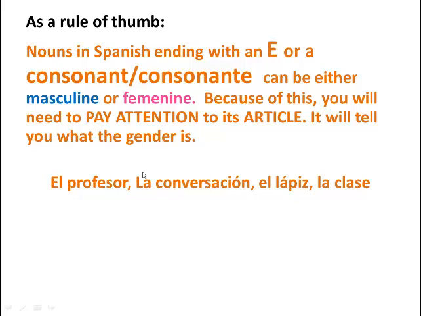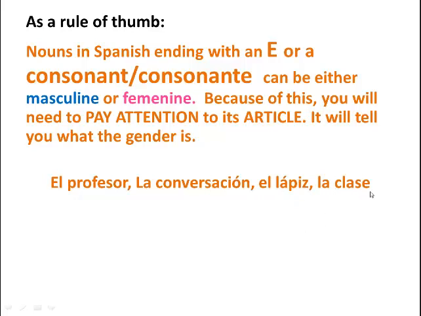However, when you look at the la, which is the definite feminine singular article, it tells you that la conversación is a feminine noun. We have the same thing with el lápiz, the pencil. It ends in Z. You wouldn't know whether it was masculino or femenino, but because we have the el in front of it, we know that el lápiz is a masculine noun.